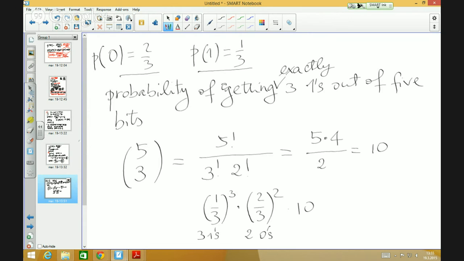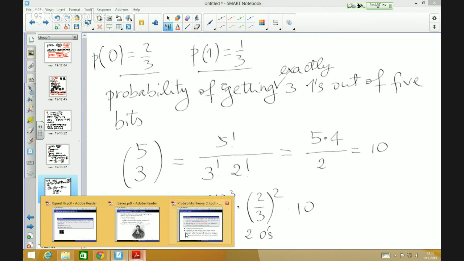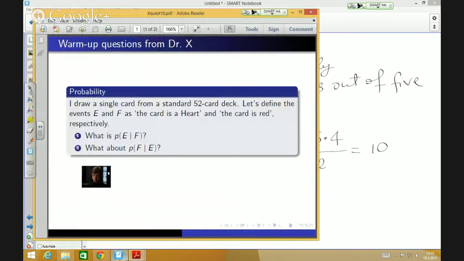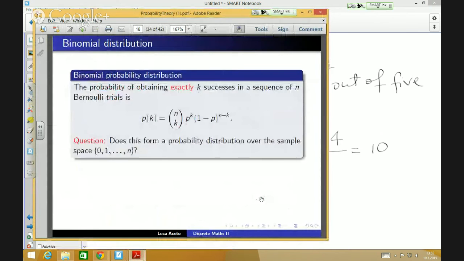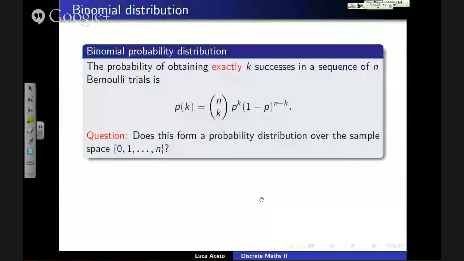Okay, so what we just used is the formula for calculating the probability of k successes in a sequence of n Bernoulli trials. The probability of getting k successes, in our case it was 3 ones, in a Bernoulli trial consisting of n events in a sequence, is all the possible ways of choosing the k successes out of n.